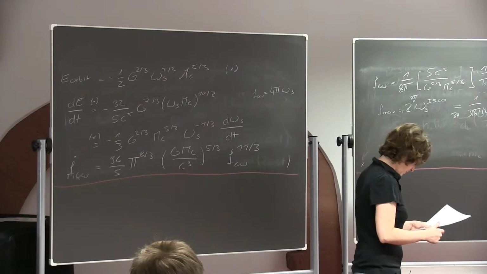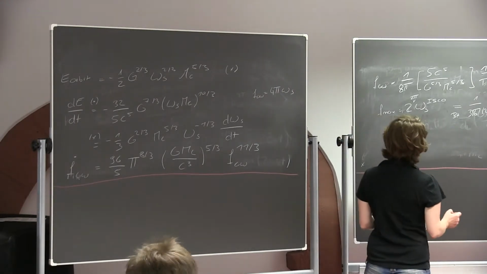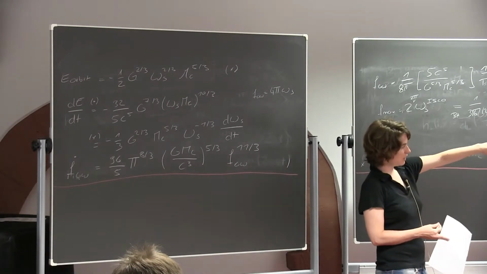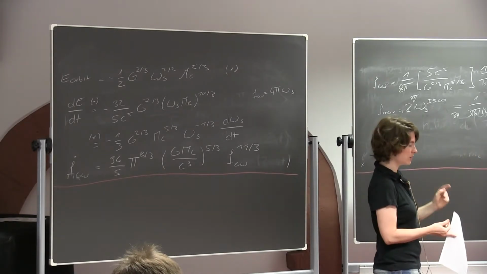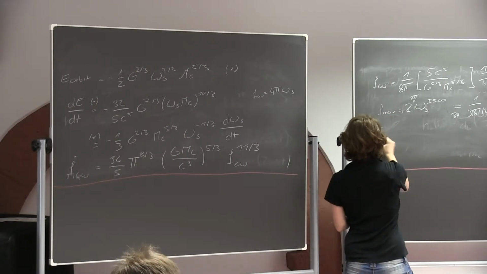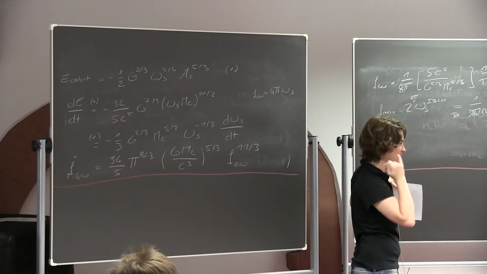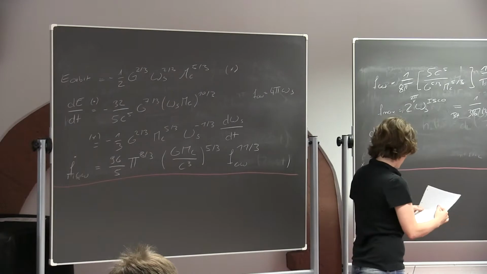Okay, so now we're nearly where I want to get. One more thing that we need: we have the energy loss per unit of time, but we also need the energy loss per frequency bin, because in the end your detector is going to be sensitive to some range of frequencies. So you want to know how much energy you can expect in the frequency band of LIGO.